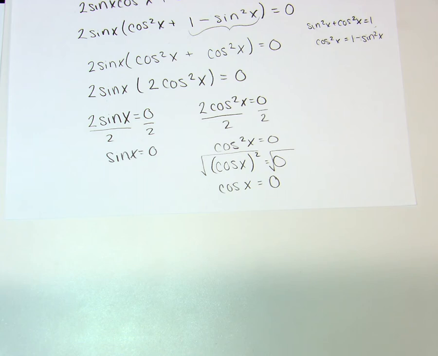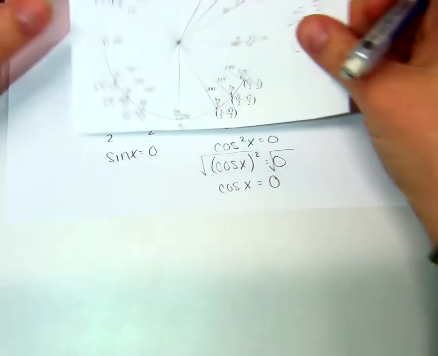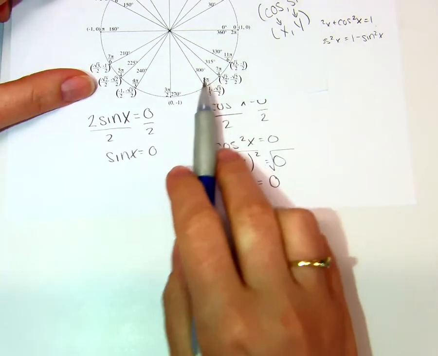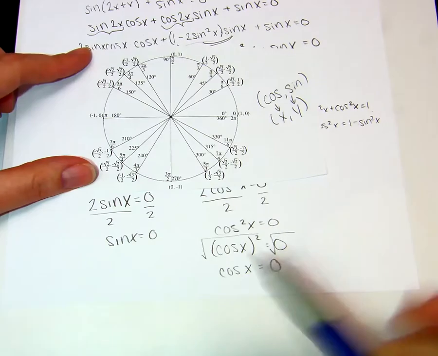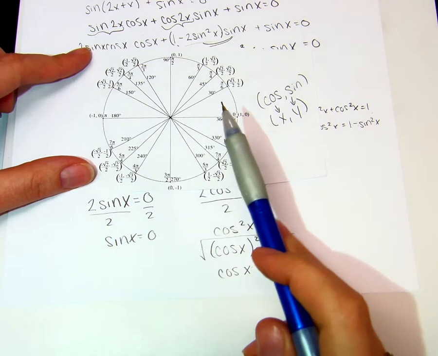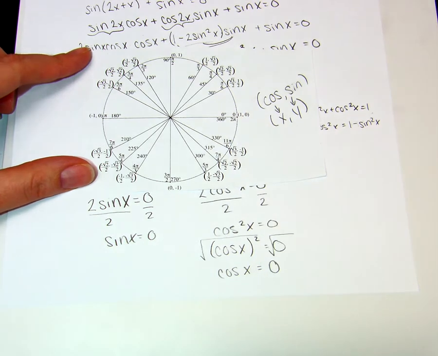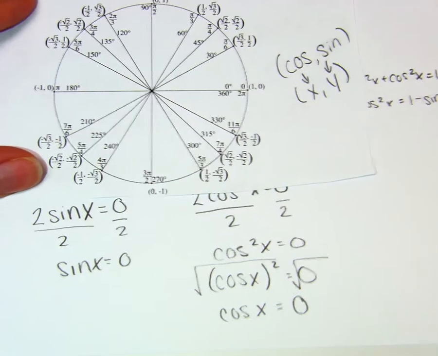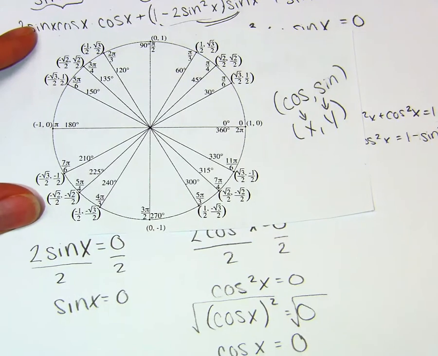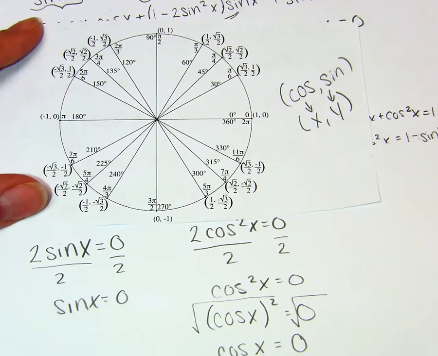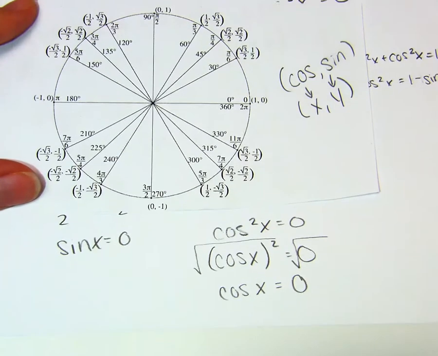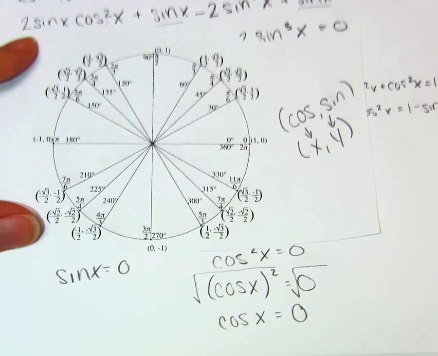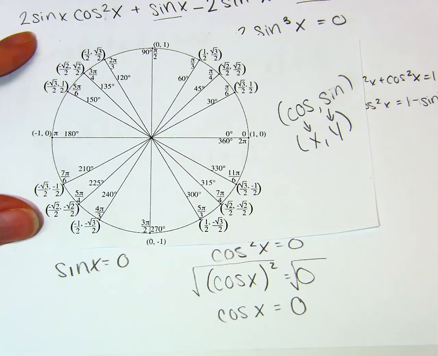So I want my solutions off my unit circle for when sine is 0 and cosine is 0. So looking at my unit circle, I want to find what values make sine 0 and what values make cosine 0.